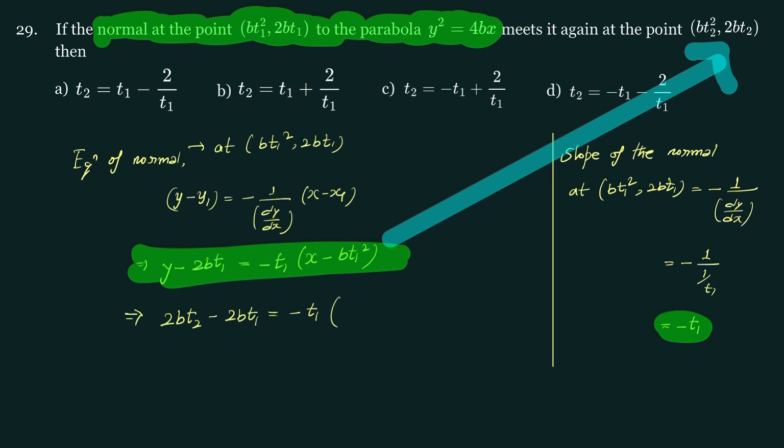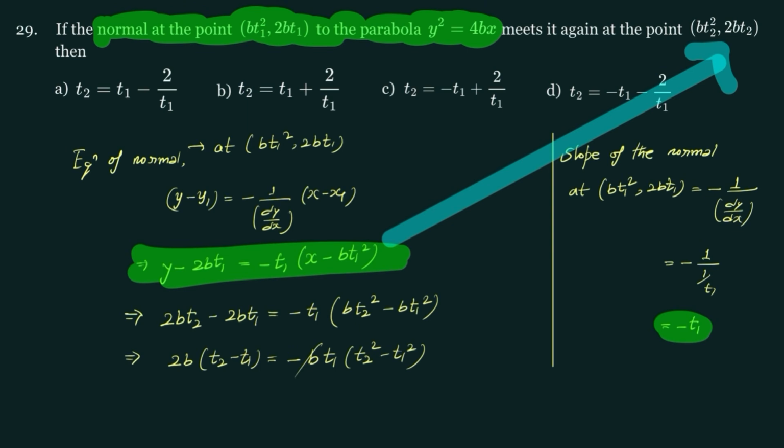In place of x I can write bt2 square minus bt1 square. So let us take 2b common here, so it will be t2 minus t1 equals, from here let us take b common, bt1, so inside t2 square minus t1 square.